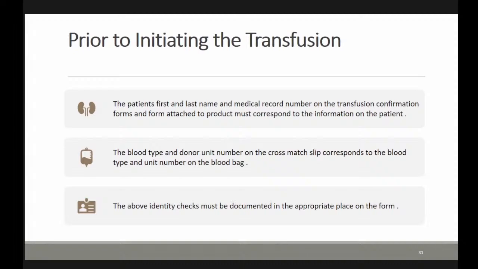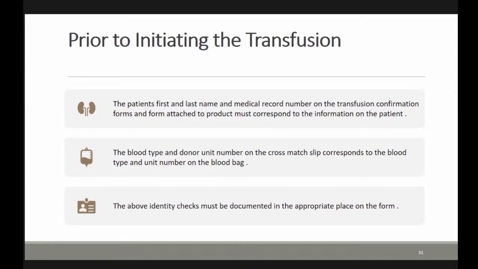So this is basically a protocol of what should go on the wards in order for verification of blood transfusion and verification of patients prior to the transfusion being done. So the patient's first and last name, medical record on the transfusion confirmation form, and form attached to the product must correspond to the information on the patient.